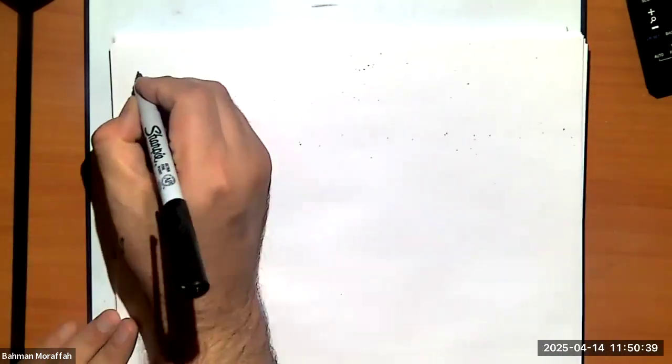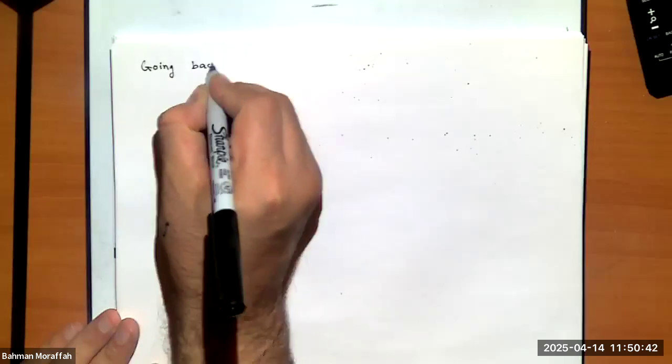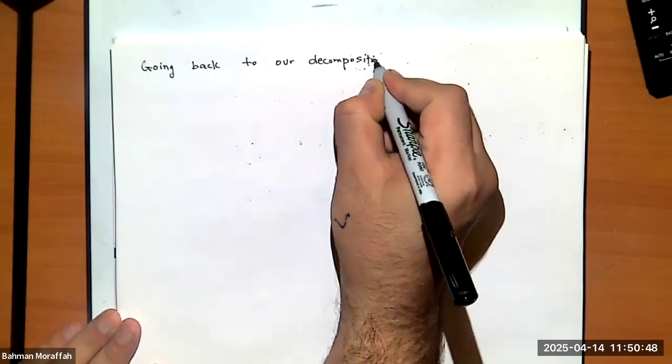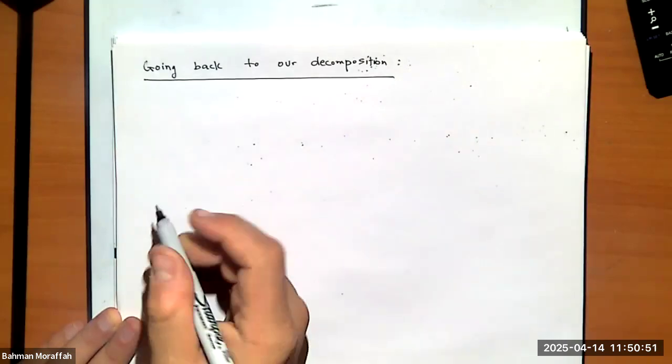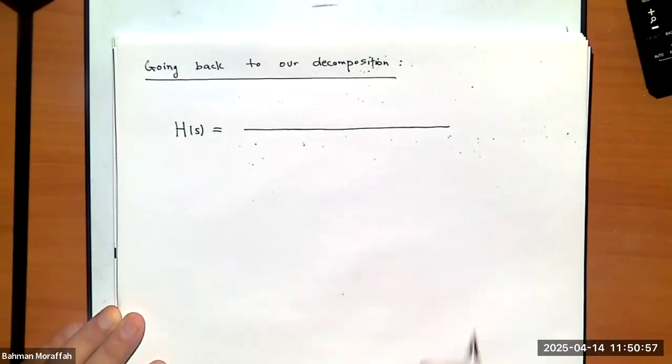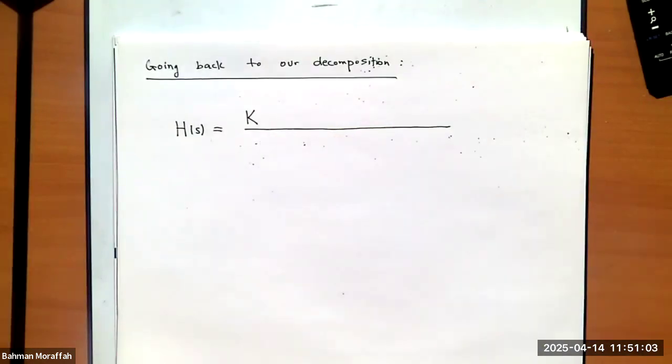So going back to our decomposition, this H of s has something like this. We have some constant, and we have some zero at 0, which is s minus 0, and some pole at 0, which is over s minus 0 to the power of n.